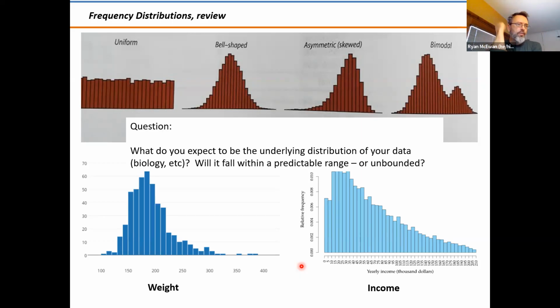We can measure the length of index fingers and make a bell-shaped distribution on campus, easy. And there's not any index fingers on campus that are 2 miles long, right? So there's a boundary there. Maybe there's one 7 inches or something, but 2 miles is not a thing. So this is the underlying distribution of your data. Is it a predictable range or is it quasi-unbounded?